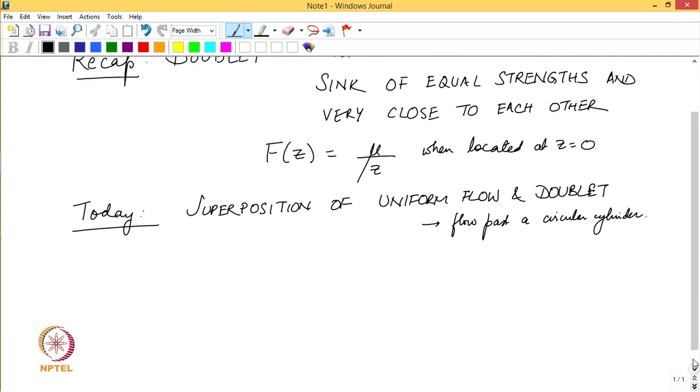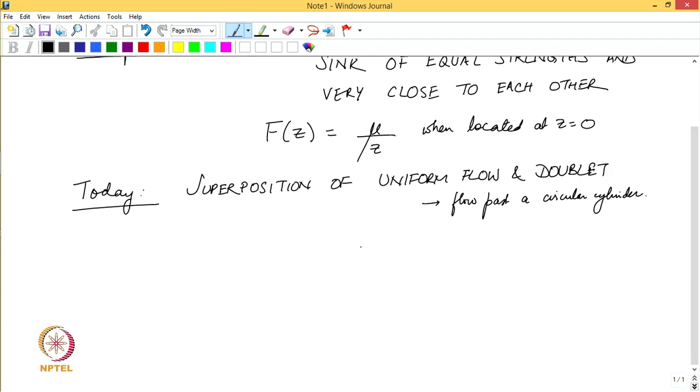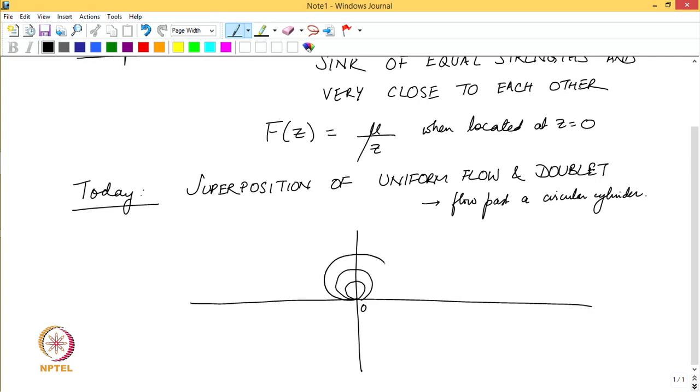So, what is the problem saying? Let me show you in terms of a schematic. If we have a doublet located at the origin, we have some flow pattern near the origin because of the doublet. This is what we derived in the last lecture. Now I superpose or include a uniform flow over this doublet.